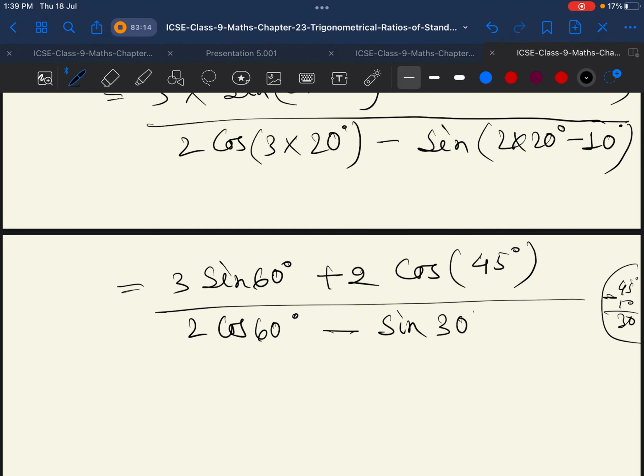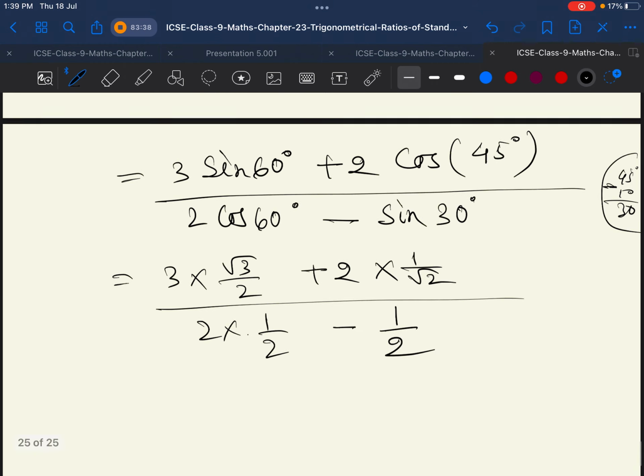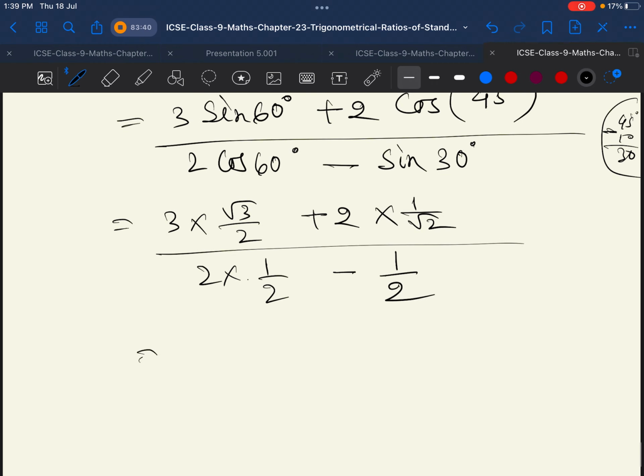Okay, so this is sin 30 degrees. So 3 into sin 60, we know root 3 by 2, plus 2 cos 45, 1 by root 2, by 2 into cos 60, which is 1 by 2, minus sin 30 is 1 by 2. Okay, so the 2s here cancel.